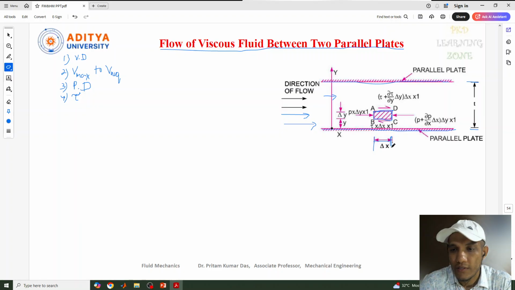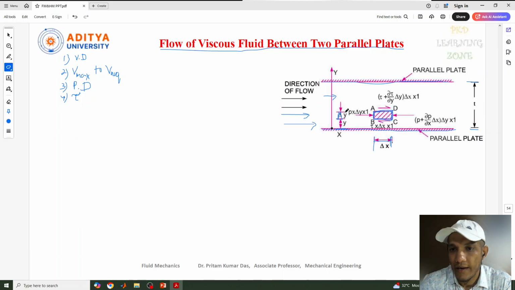So these things we have considered, and the fluid element is situated at a height of y from the base, that is, from plate 1 or plate 2, whatever you consider. And this fluid element has a thickness of delta y.